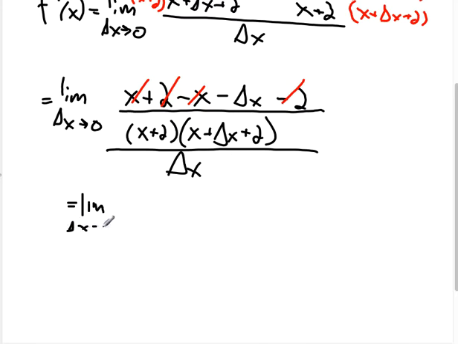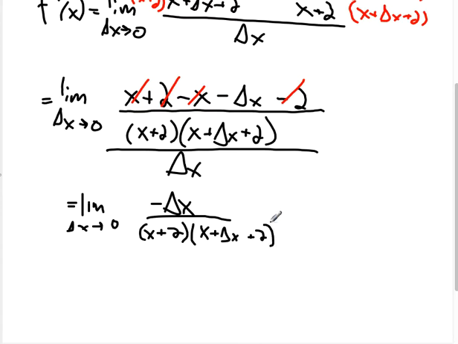We get the limit of just the negative delta x's left. And we have our denominator. And we have divide by delta x, but excuse me, let's not have another division.